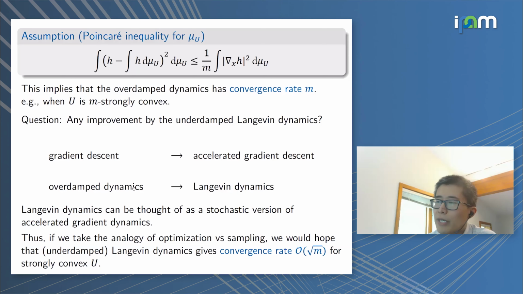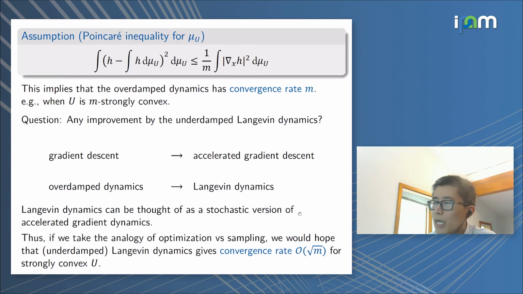So this is an analogy between the optimization and sampling worlds. Since in optimization it's well understood that this is convergence rate with M, this is convergence rate with square root of M, we would hope that if we run the underdamped Langevin dynamics, the convergence will be accelerated from M also to root M. Okay?